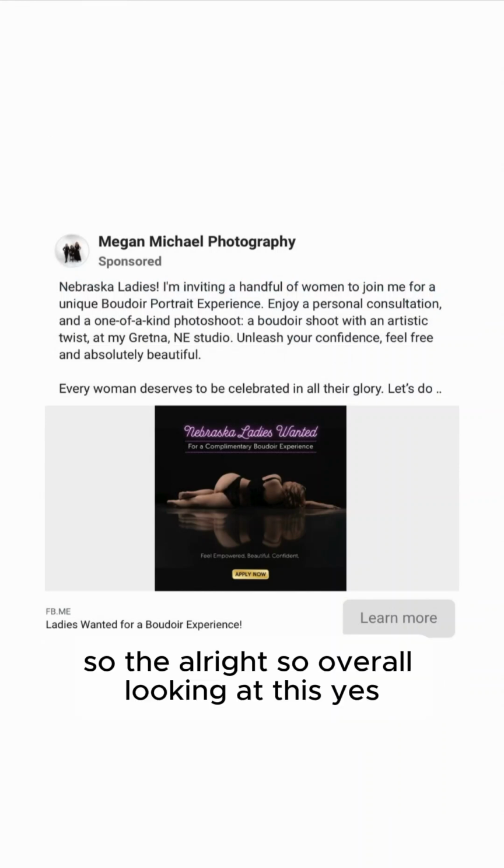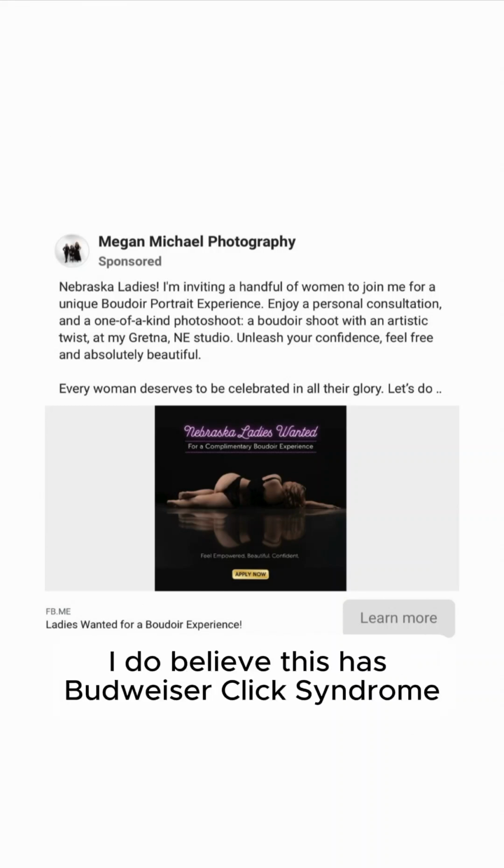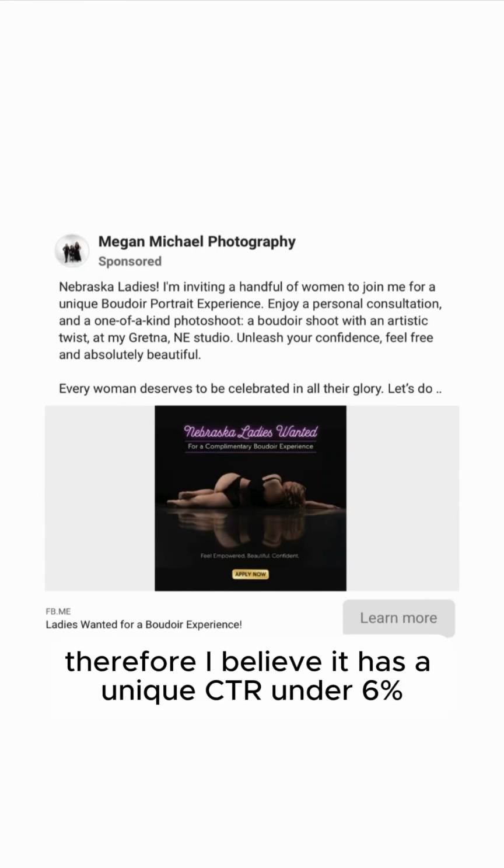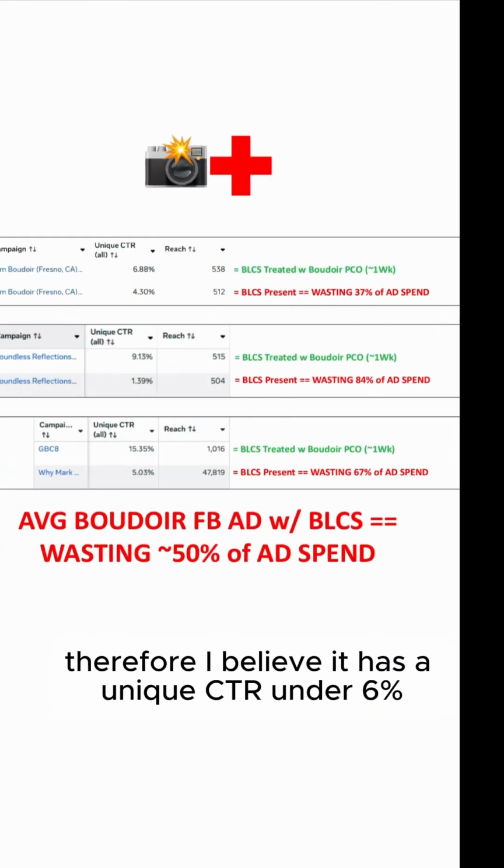So all right, overall looking at this, yes, I do believe this has boudoir low-click syndrome, aka BLCS, and therefore I believe it has a unique CTRL under 6%.